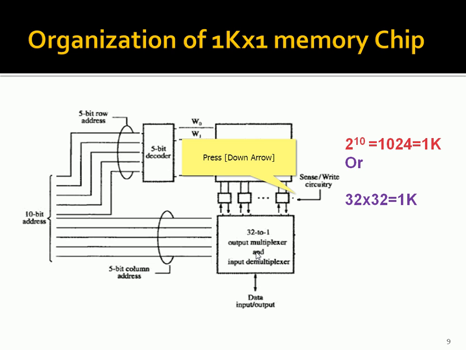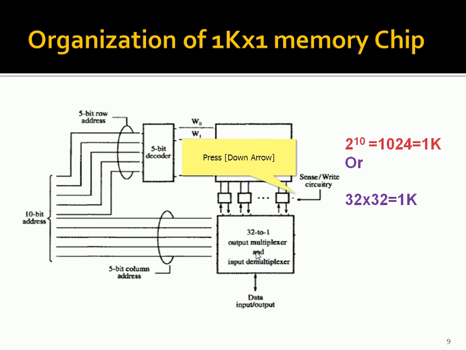Organization of a 1K into 1 memory chip is possible with the help of 10 address lines. So 10 address lines, and there is one data line. So 10 plus 1, and 2 for ground and power supply. So 11 plus 2, 13 pins are required if you have one bit. Normally one bit, or sometimes 8 bits will be there.